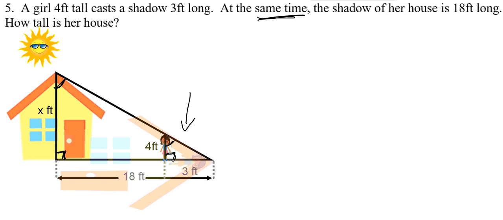Okay, so as we set up this proportion, what I like to do is line up my rows and columns with my proportions. So I'm just going to dictate, let's say on the top, I'm going to say I have the actual height. And on the bottom, I'm going to have the shadow height.